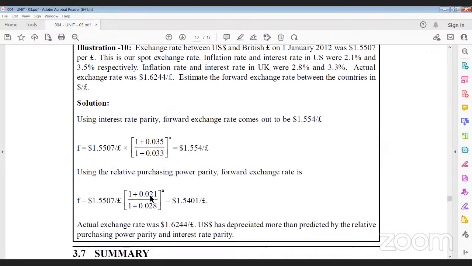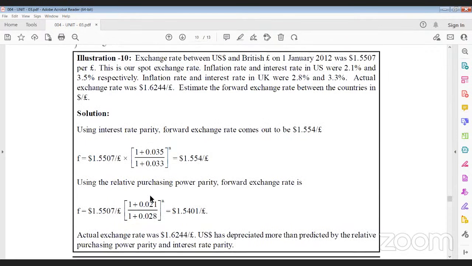Now here we have an illustration. This is the last illustration here. Exchange rate between US dollar and British pound on 1st January 2012 was 1.5507 dollars. And you see here, the values given with respect to inflation rate and interest rate in UK are 2.8% and 3.3%.